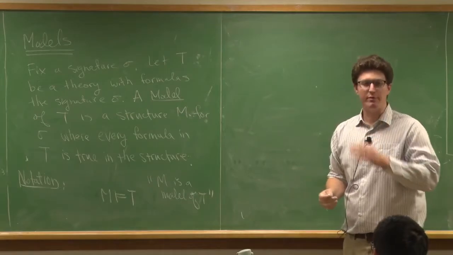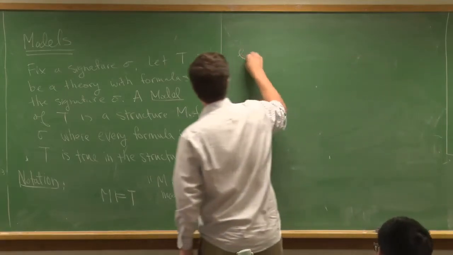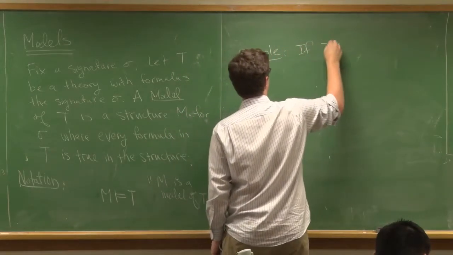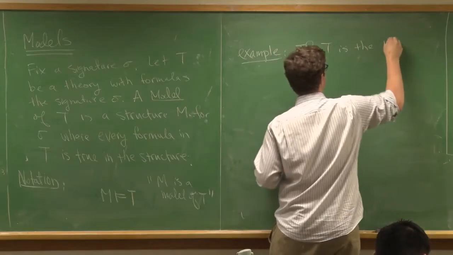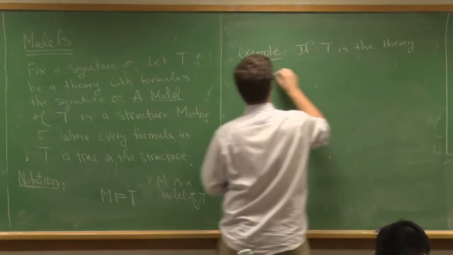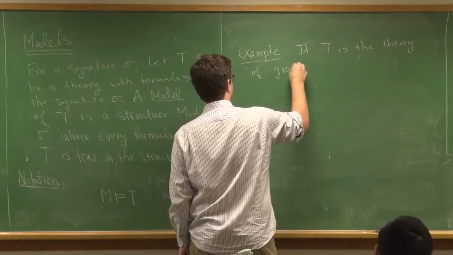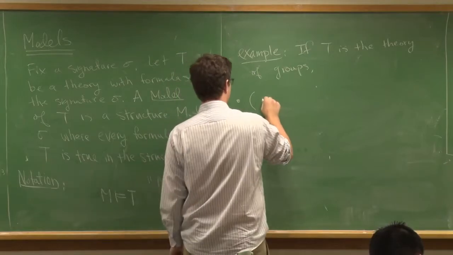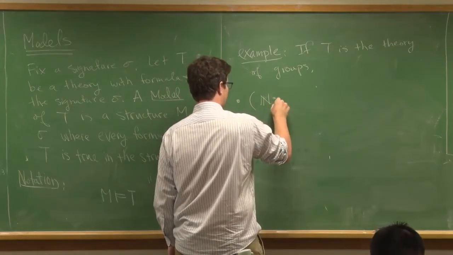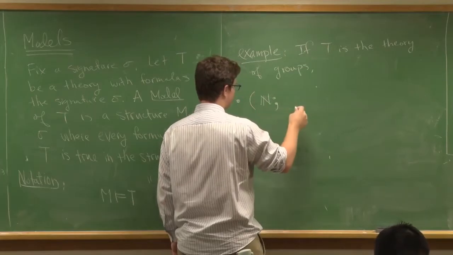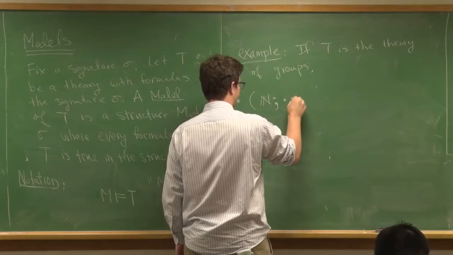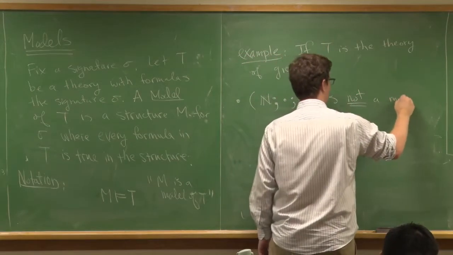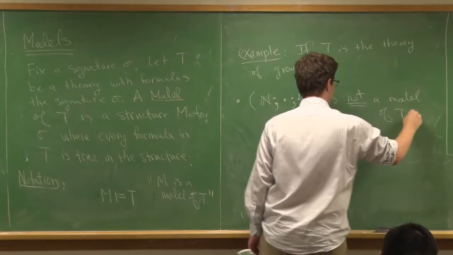So for example, for the theory of groups, if T is the theory of groups, then these examples here, we had the natural numbers with times and 5, which is not a model of T, right?